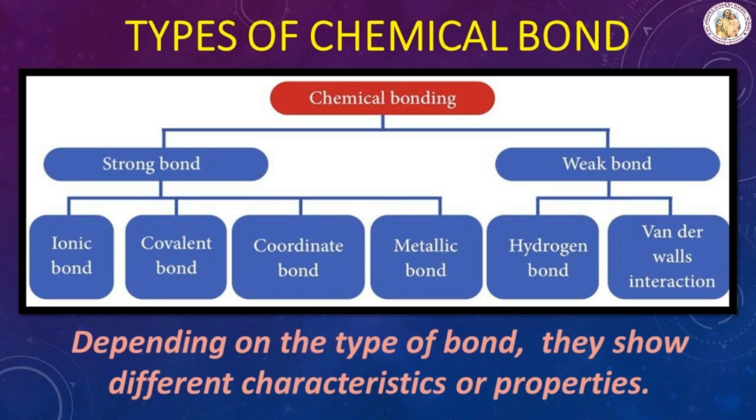Among these types, we are going to study ionic bond, covalent bond, coordinate bond. All the other types we will study in higher classes. Depending on the type of bond, they show different characteristics or properties.